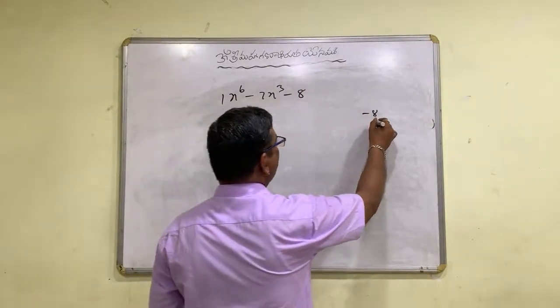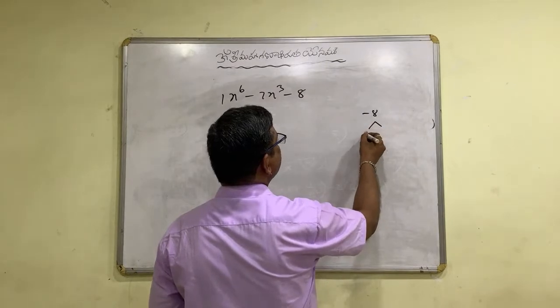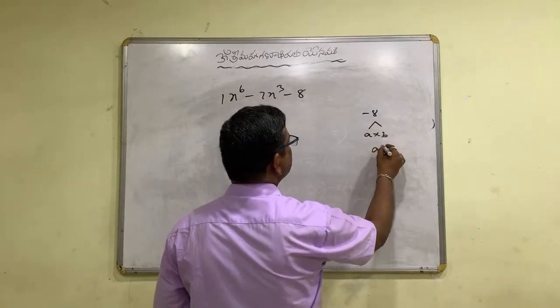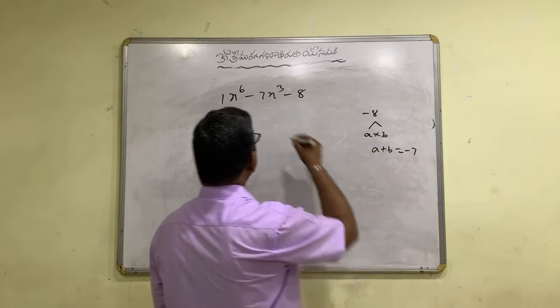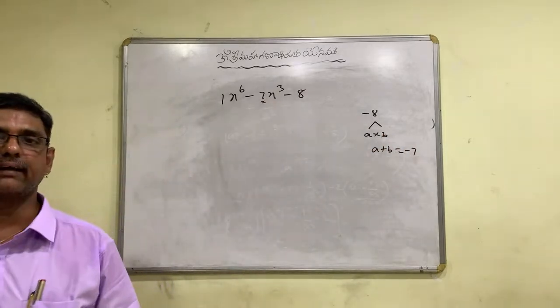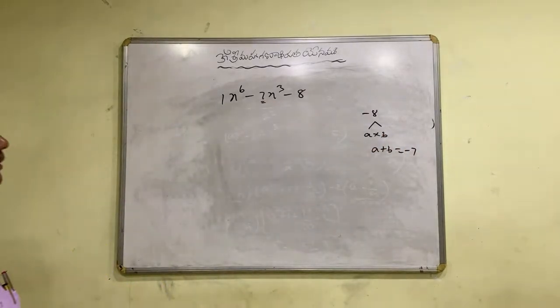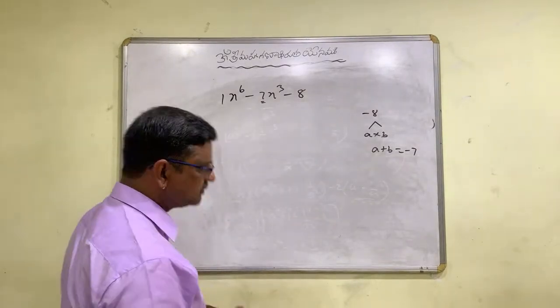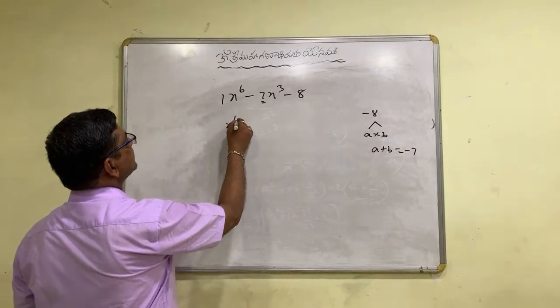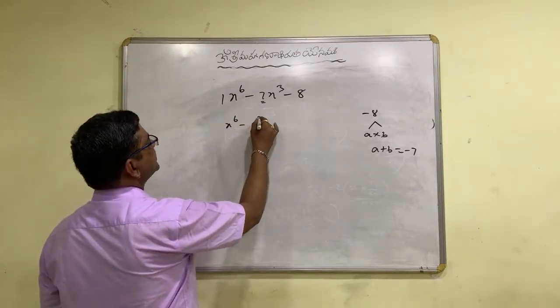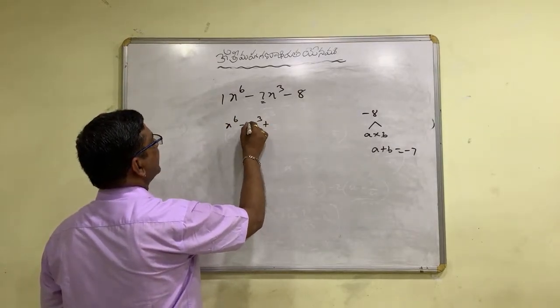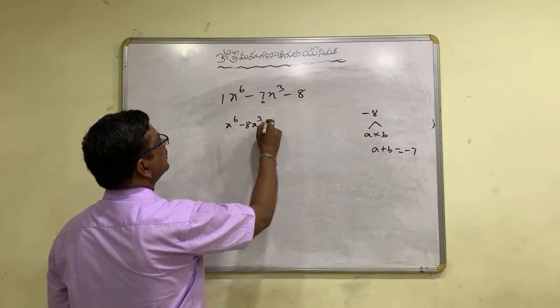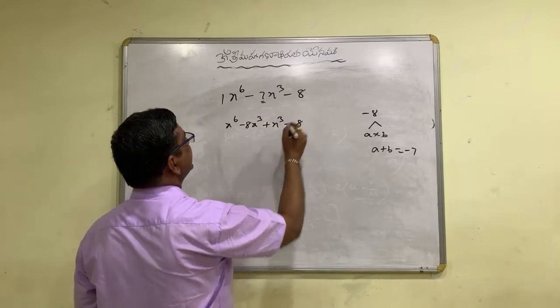We need to search for two numbers whose product is negative 8 and the sum is negative 7. So 1 into negative 8 is negative 8. So we can write it as x power 6 minus x cube minus 8x cube plus x cube minus 8.